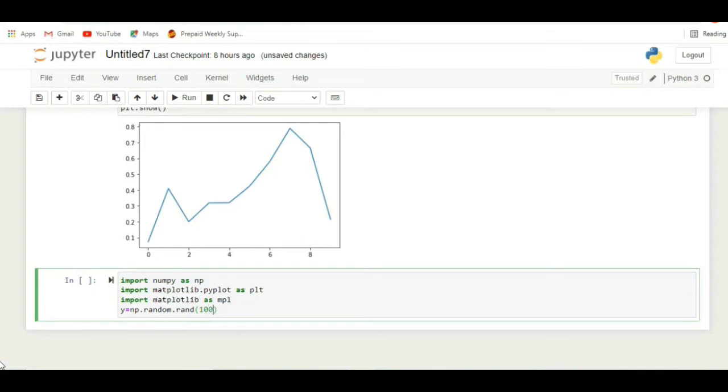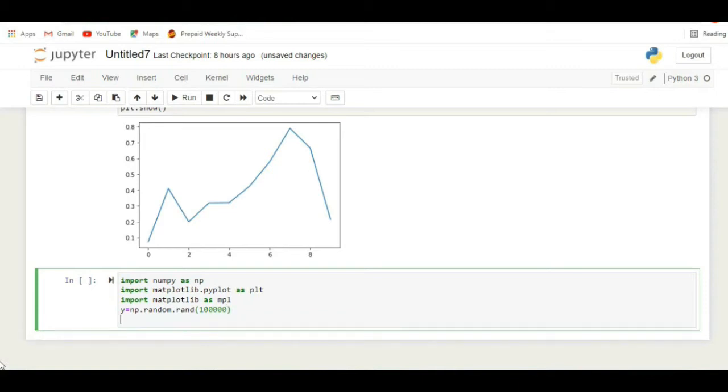So y is equal to np.random.rand(100000), and y inside the square brackets we shall write 50,000 and colon, marks is equal to 2.